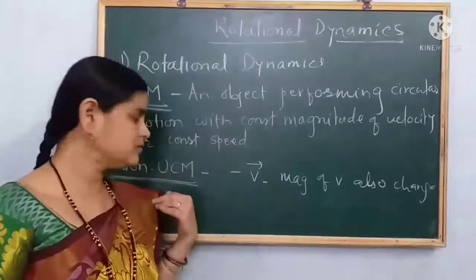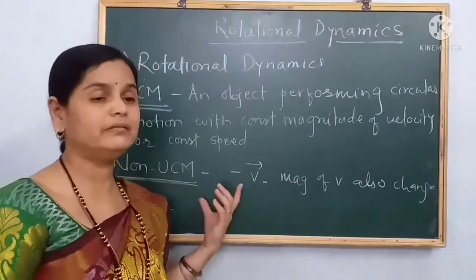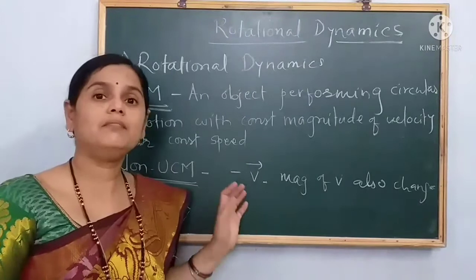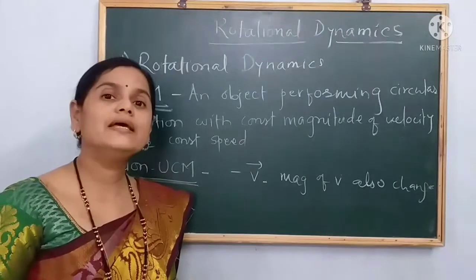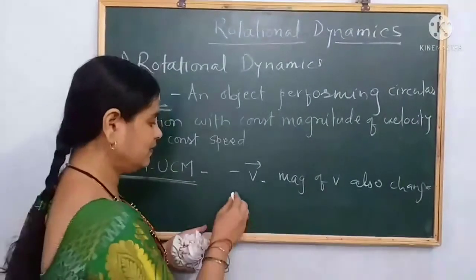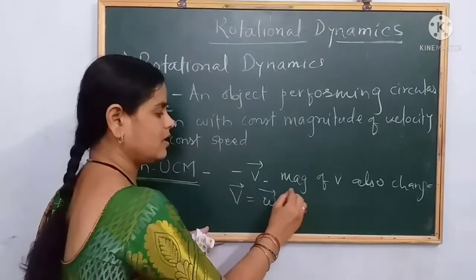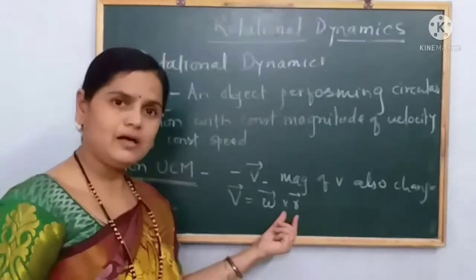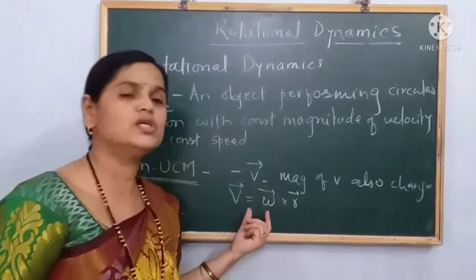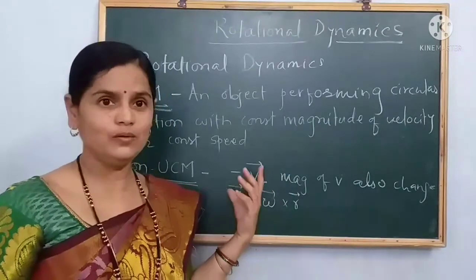So in non-uniform circular motion, the magnitude as well as the direction of the linear velocity changes. This means there must be a change in the angular velocity also, because we have seen the relation V = omega cross r. If the radius vector is constant and there is a change in the magnitude of linear velocity, there must be a change in the angular velocity also. So both change in non-uniform circular motion.